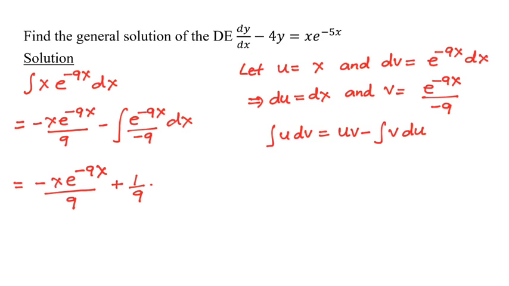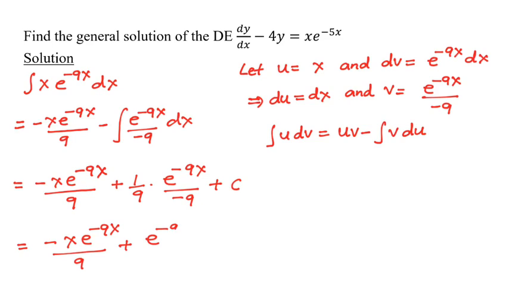Then integration of e to the negative 9x is e to the negative 9x over negative 9, then plus the constant c, which is equal to negative x e to the negative 9x over 9 plus, this is e to the negative 9x, and 9 times 9, 81.